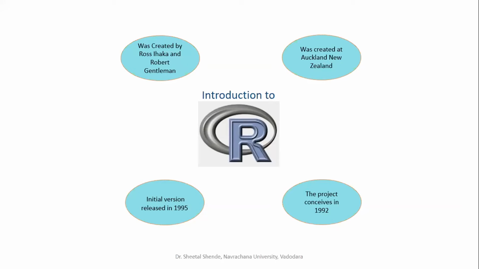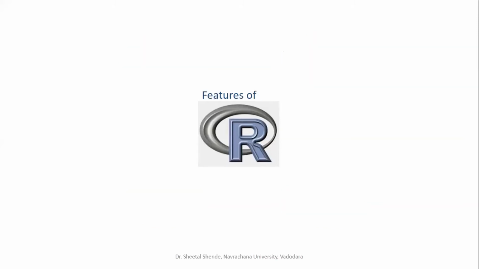So why is R so important? Why is it so widely used by data scientists and data analysts of different fields? What are the main features of R which make this language so popular? The very first feature, as I told you, is that it is an open source programming language.